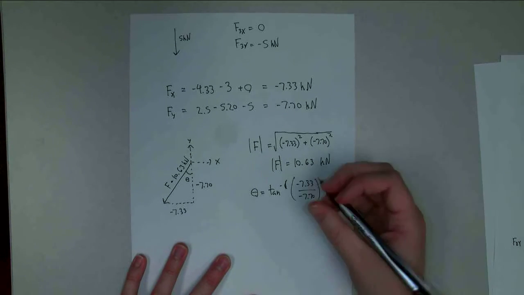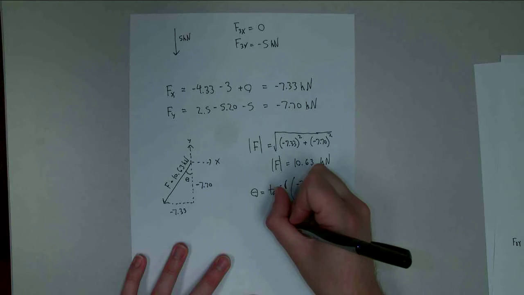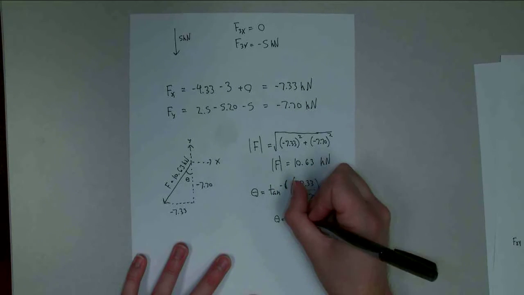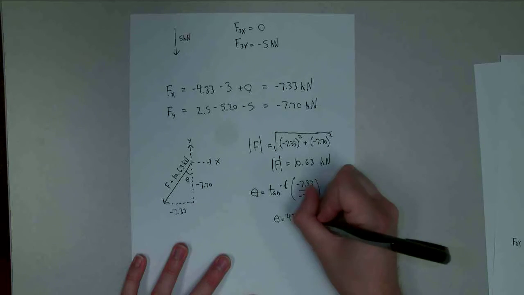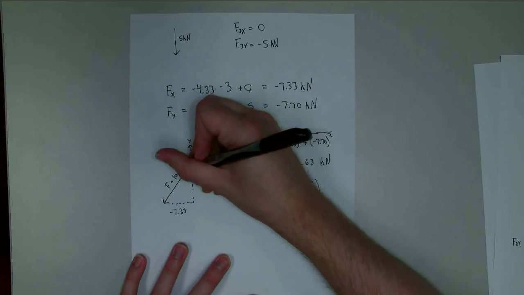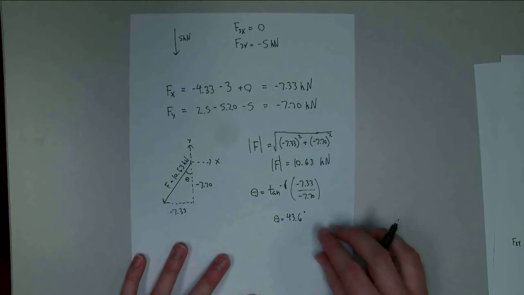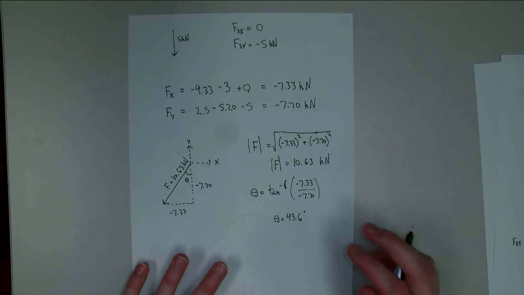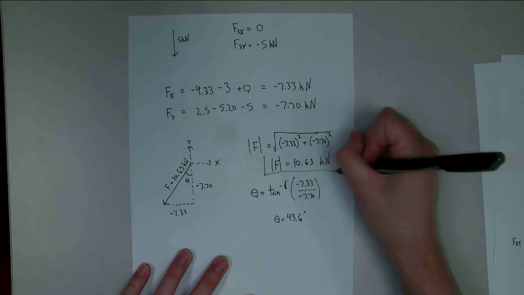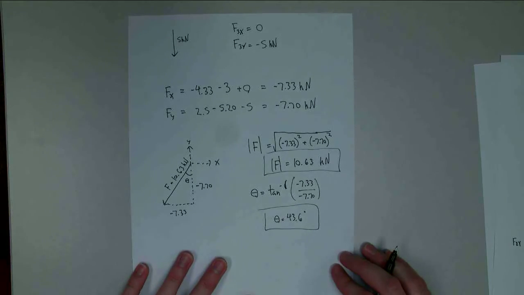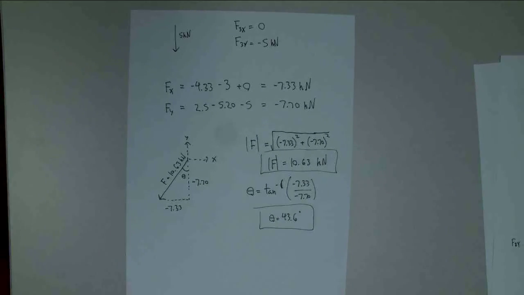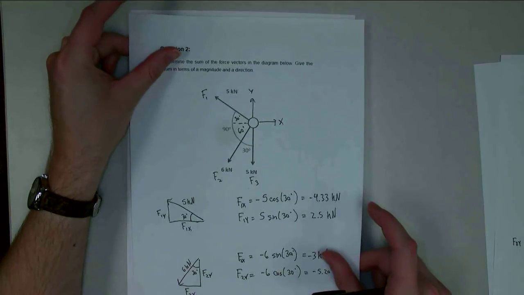And if I do that calculation, I find my angle theta, and theta is going to be equal to 43.6 degrees. And that is measured out from my vertical there. So this is my overall magnitude, this is my overall direction of the sum of those three force vectors that I had in my original problem.